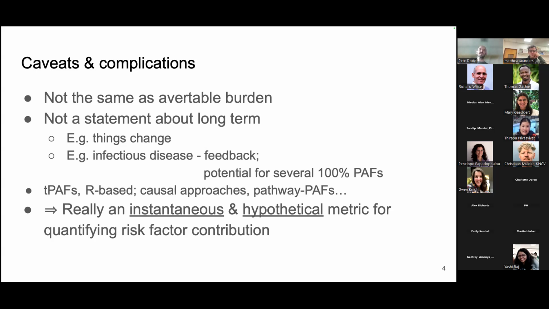So in other words, if you think about your magic wand and waving away your risk factor, the change from one moment to the next is still okay for an infectious disease, but you need to bear in mind that will not reflect over multiple generations when you get feedback.